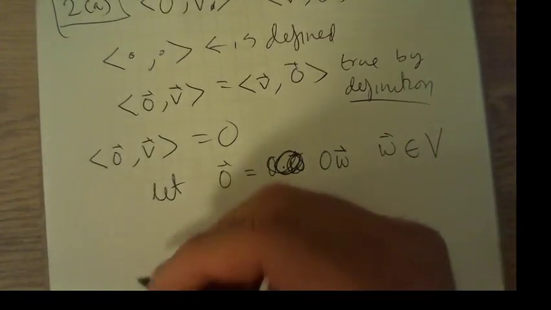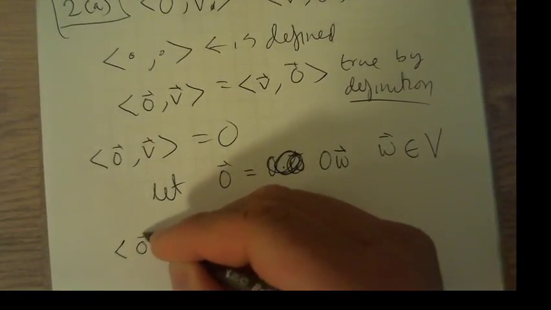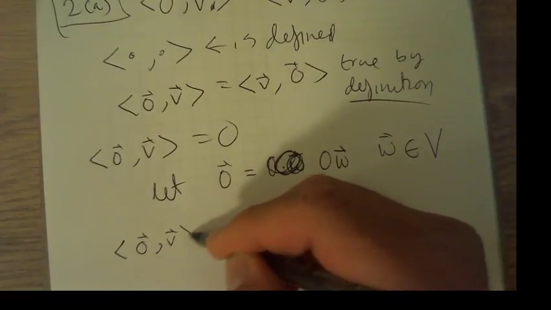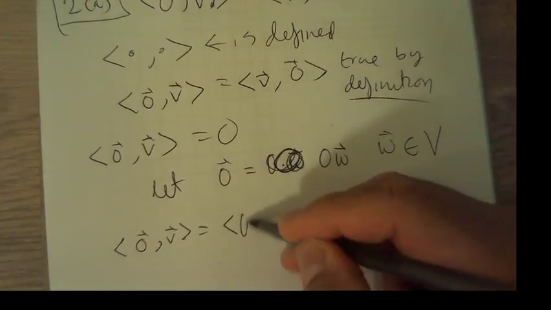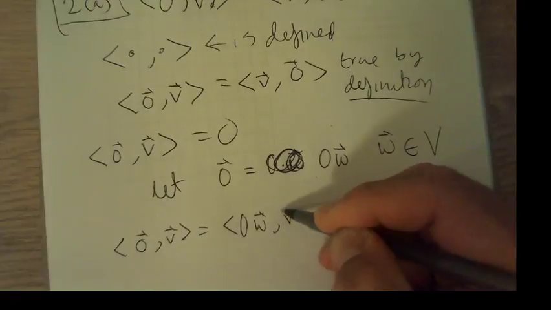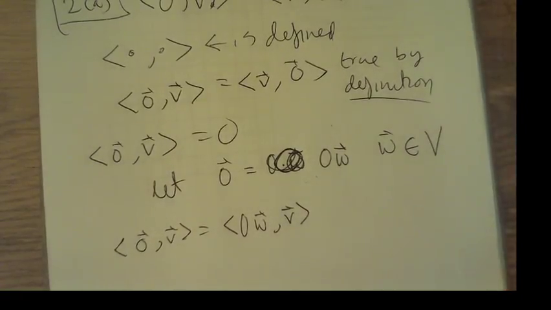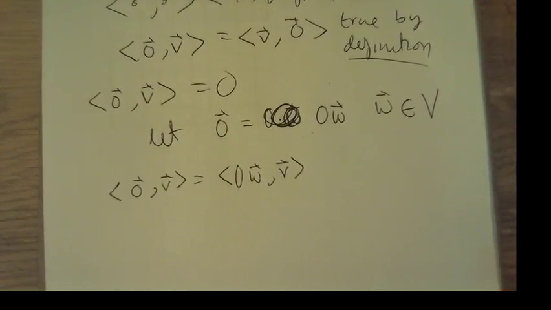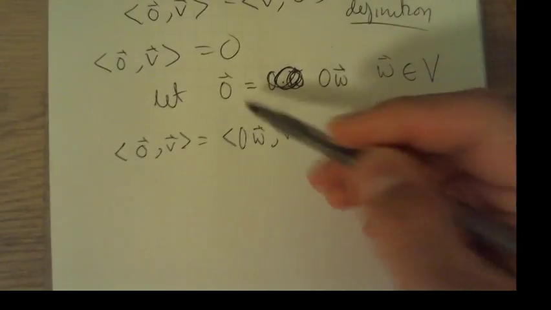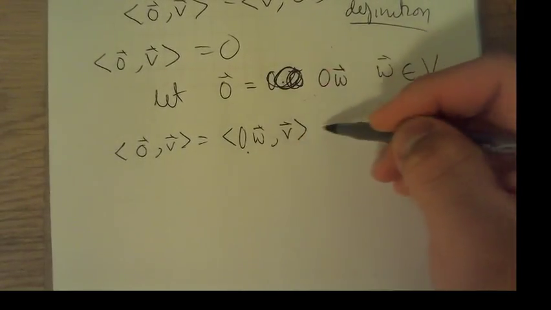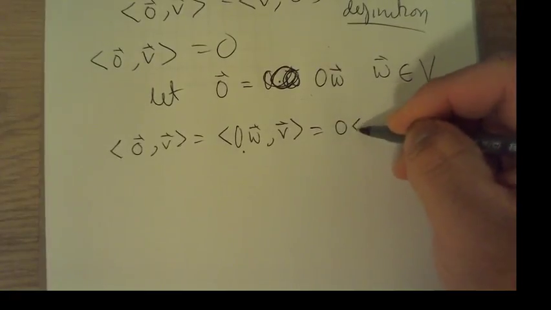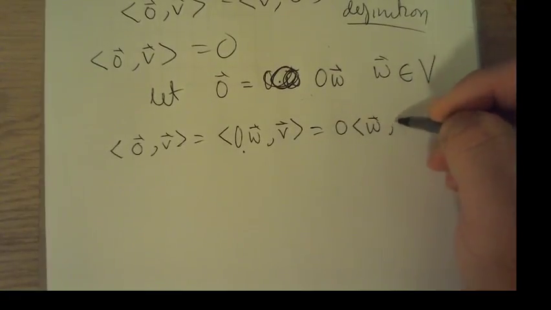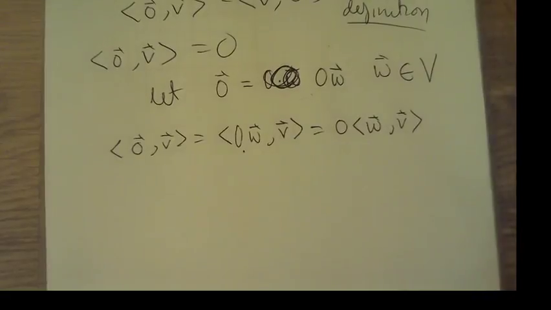So let's rewrite this in this form here, right? And again, why do I want to do that? Well, if this is a scalar, the definition of an inner product allows me to do this. All right?